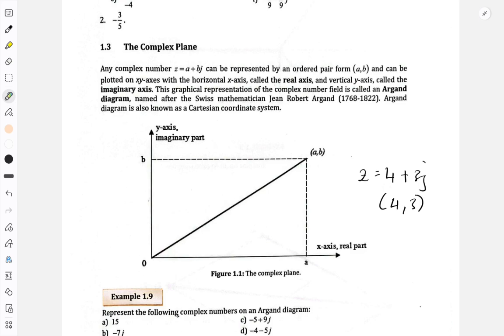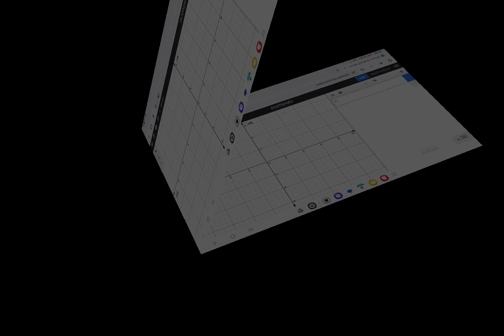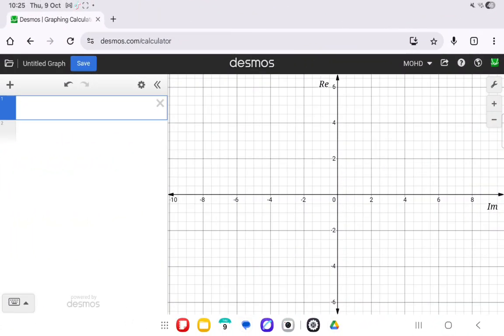Now let's see this visually using Desmos. I will treat the horizontal axis as the real part and the vertical axis as the imaginary part. In Desmos, we can plot a point by writing the x and the y.